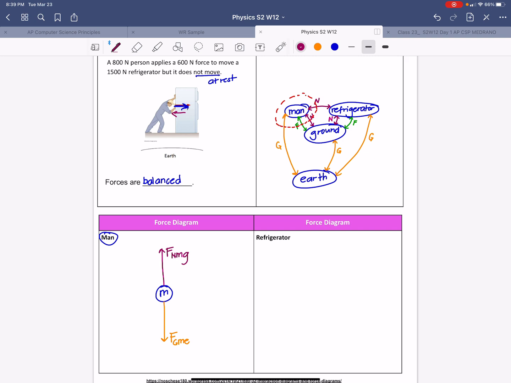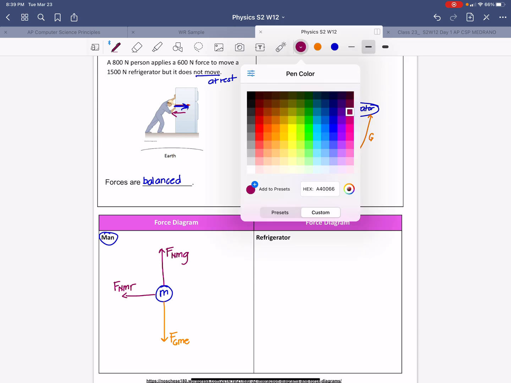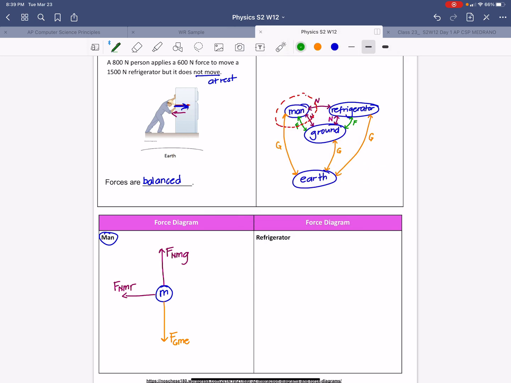So we have a normal force on the man from the refrigerator, and our force of friction will be coming from the ground, which will go the opposite way. And we want to make sure that everything is equal to each other, because this is a balanced force. Okay, and so that is for the man.